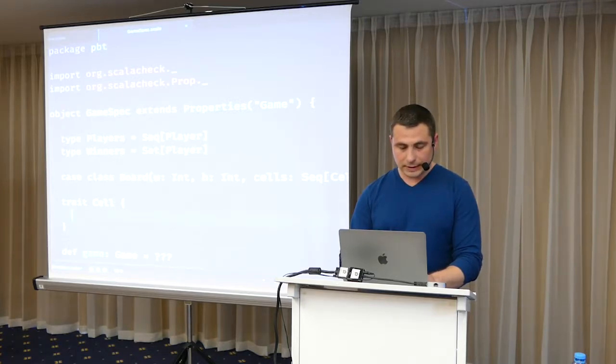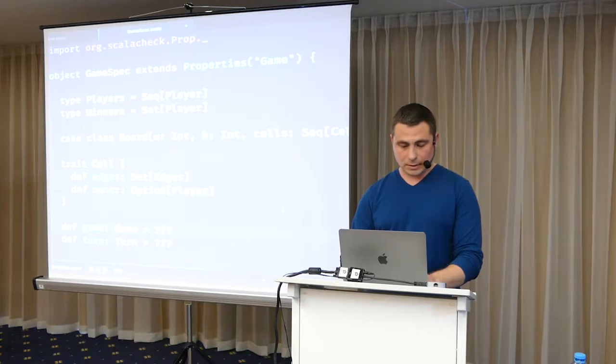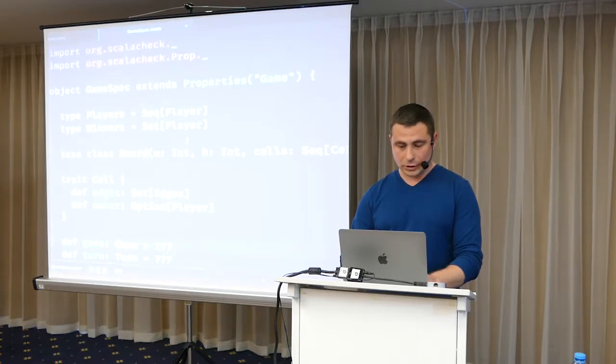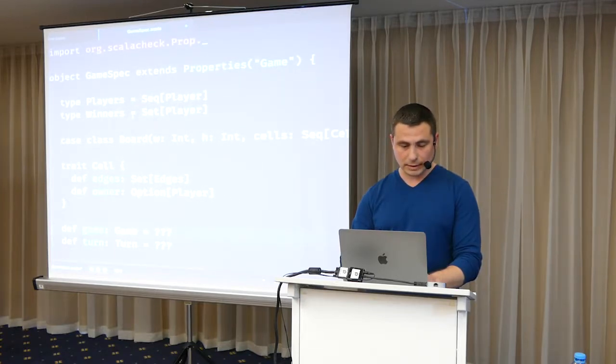And it should have some edges, which is a set of edges. And it might have an owner. Like that. So we just want to have a player. Let's define a player.